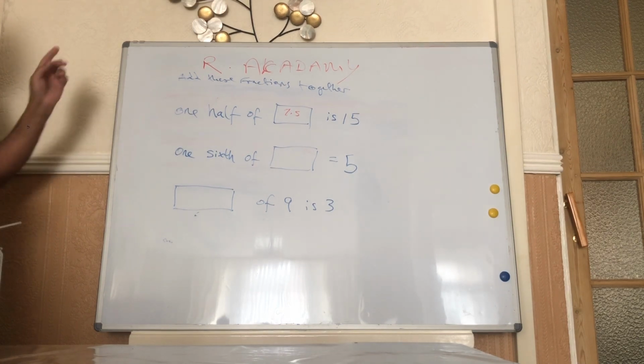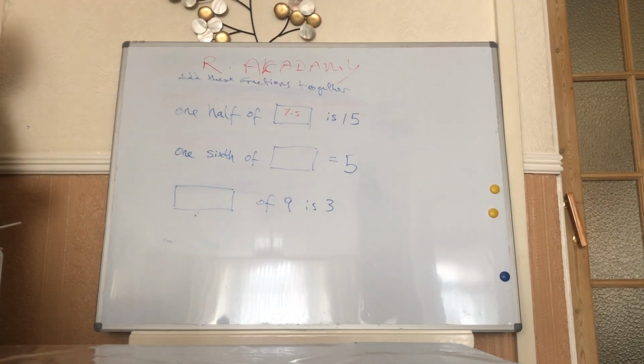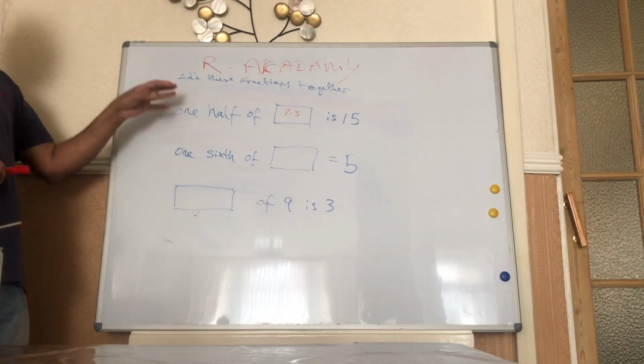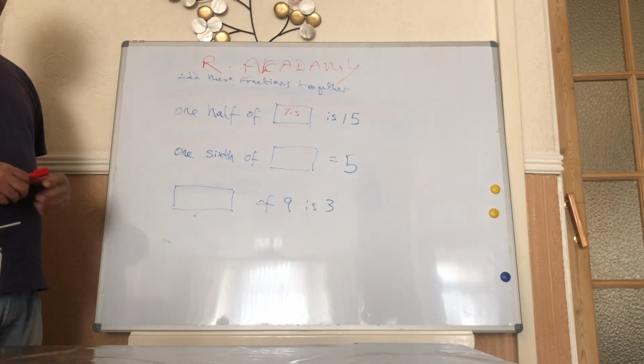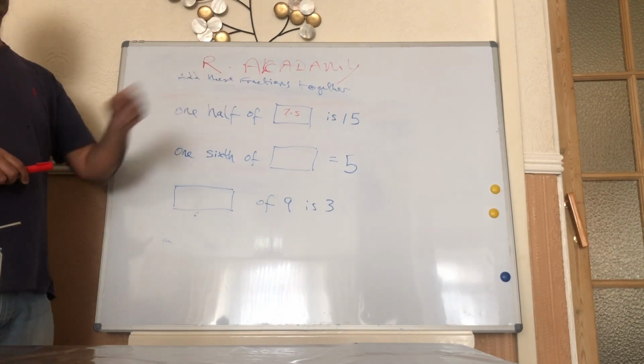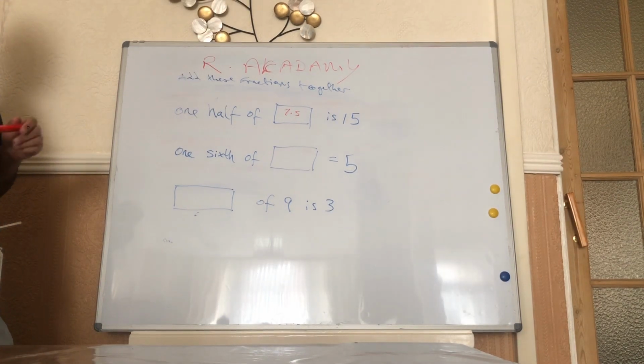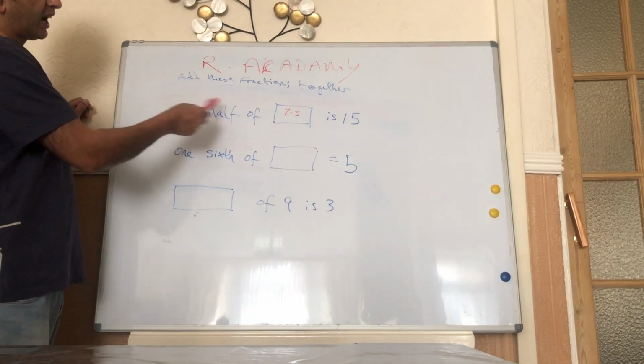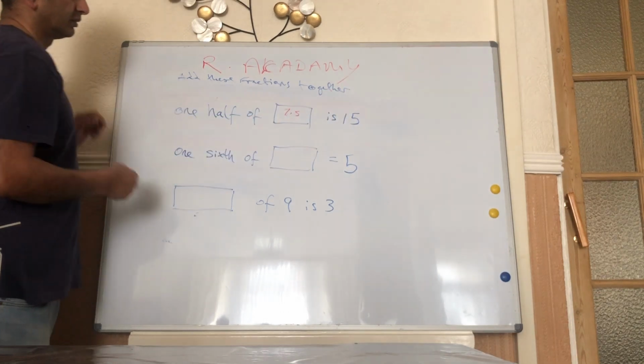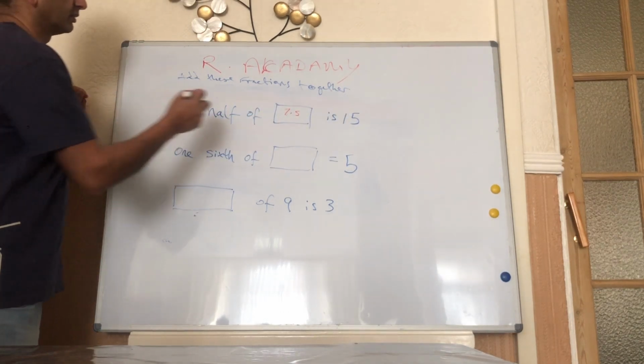Well then, but if you read it properly, it is not really saying what is half of 15, is it? It's asking you 1/2 of blank, which could be any number, is 15. So if it's half, you have to double 15, then it will become 30.